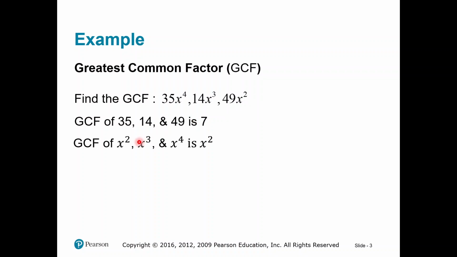For the x squared, x to the third and x to the fourth, the GCF is x squared because x squared is the smallest exponent. Okay, so together the GCF is 7x squared.